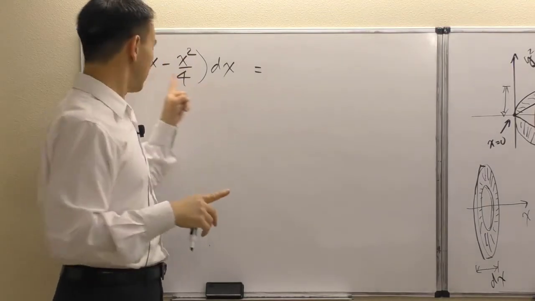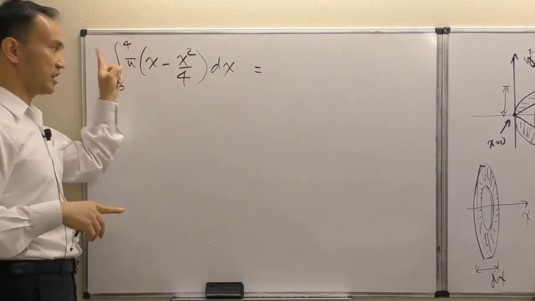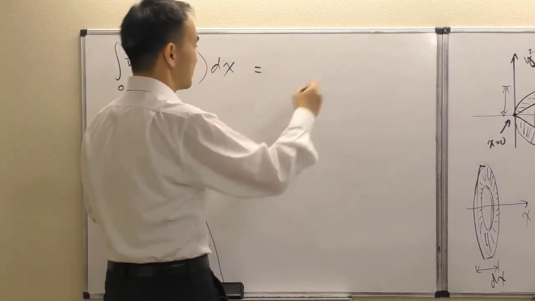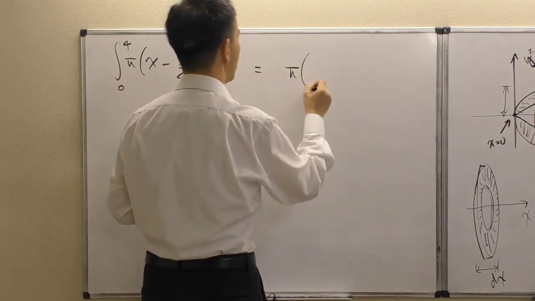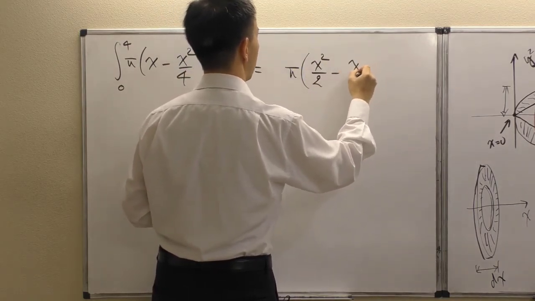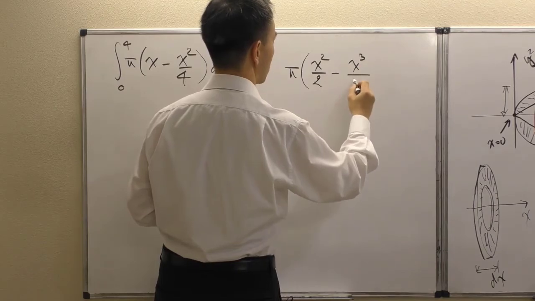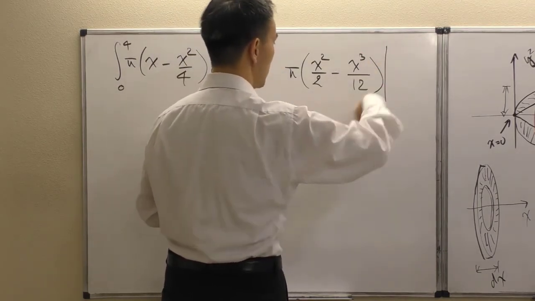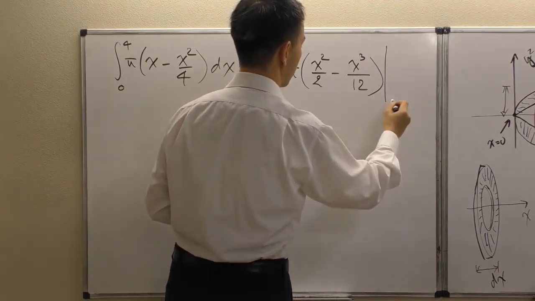I'm going to keep the pi constant coefficient here, and then find the antiderivative of this function. So we're looking at pi, and then in parentheses, x squared over 2 minus x cubed over 12, and the fundamental theorem of calculus says I need to evaluate this antiderivative from 0 to 4.